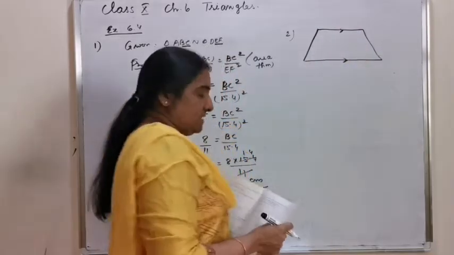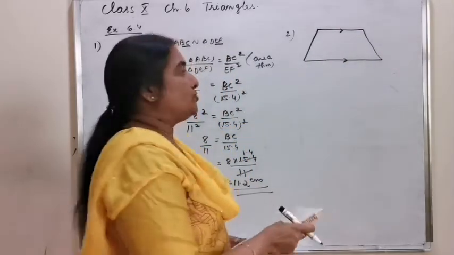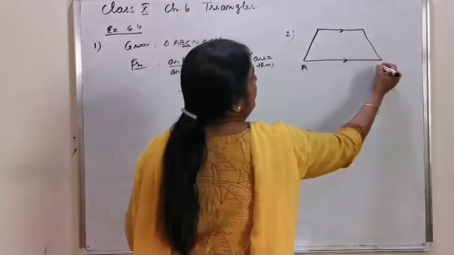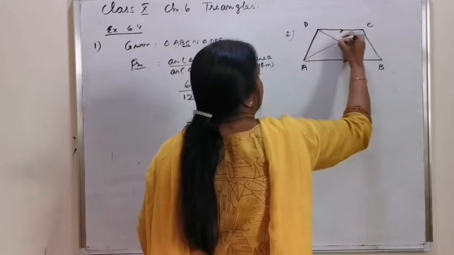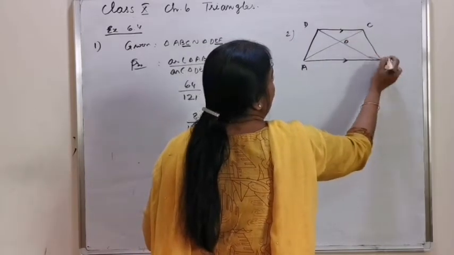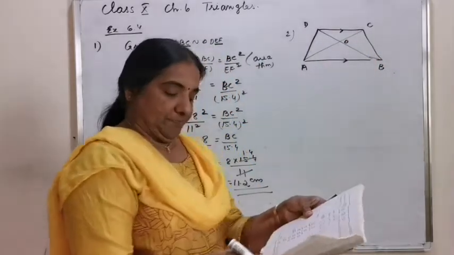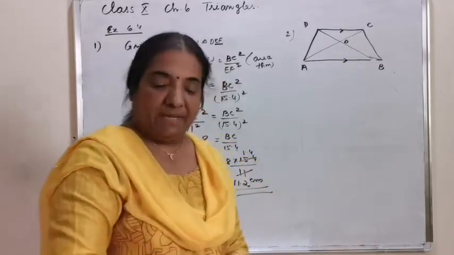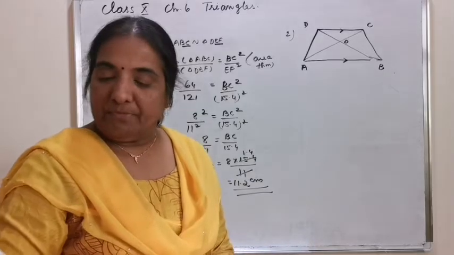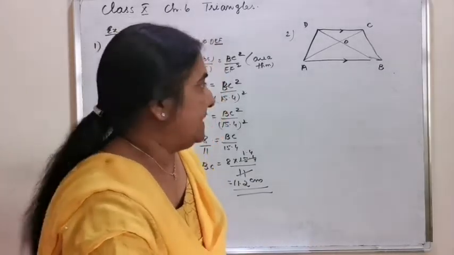One more condition is given: AB length is twice CD. The diagonals intersect at the point O. Find the ratio of the areas of triangles OAB and OCD.